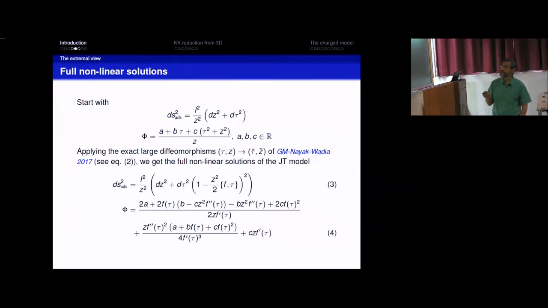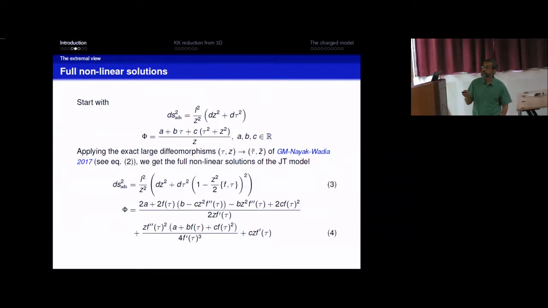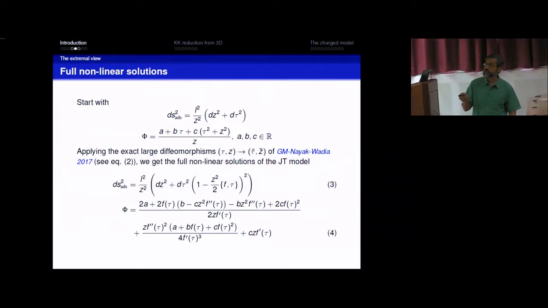And you can see, by the way, this SL2R symmetry is easy to see from here as well, because the Schwarzian is invariant under that SL2R. So those Fs just don't appear in this thing.